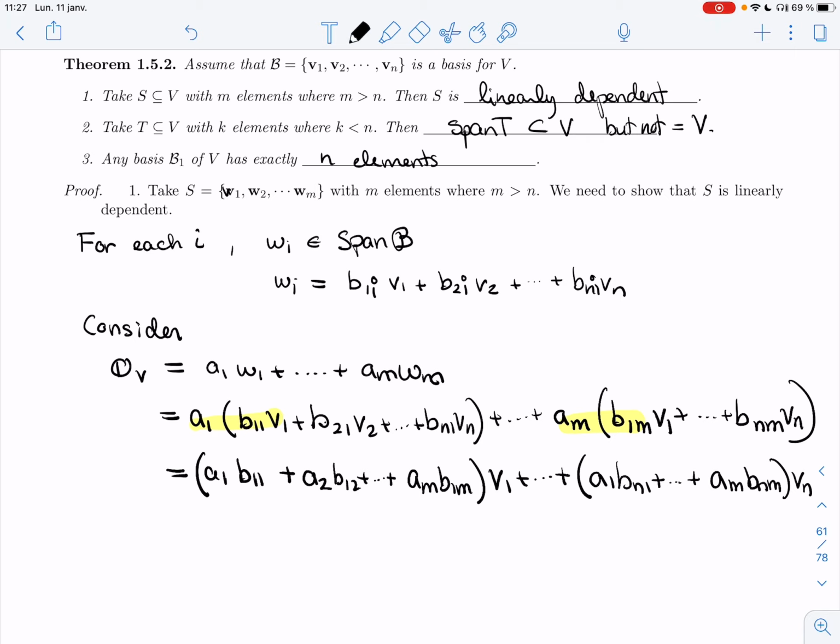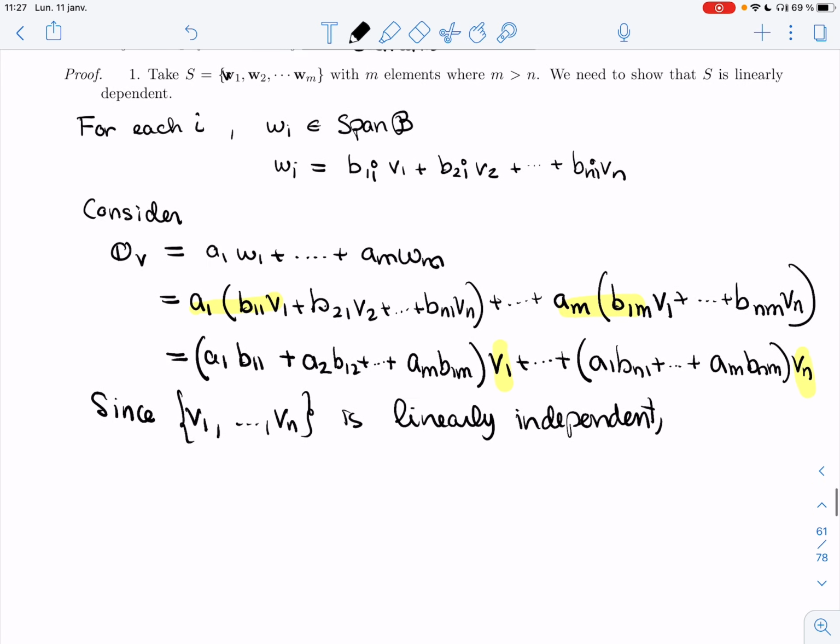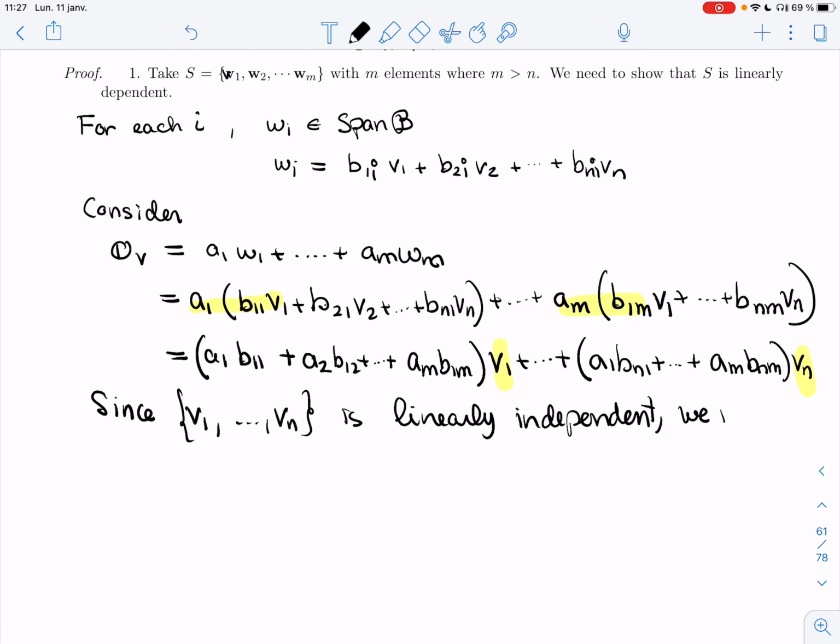All right, so now we know that these vectors are linearly independent. So since v1 through vn is linearly independent, this would only happen if all of the coefficients were 0.